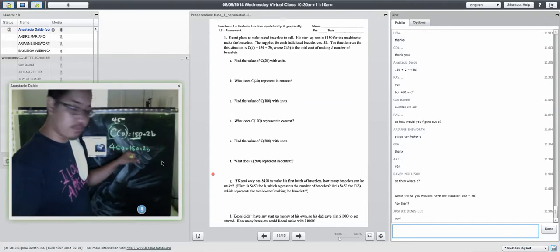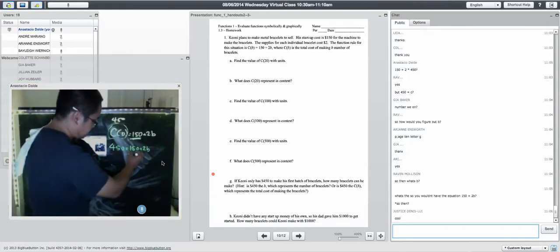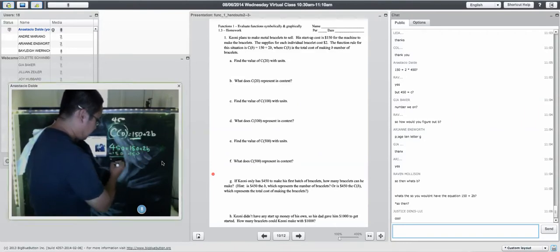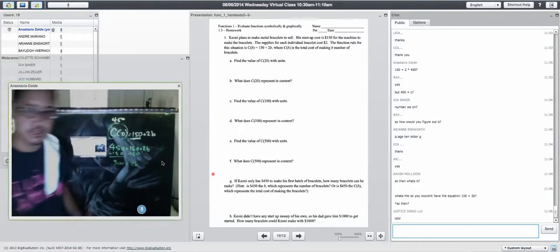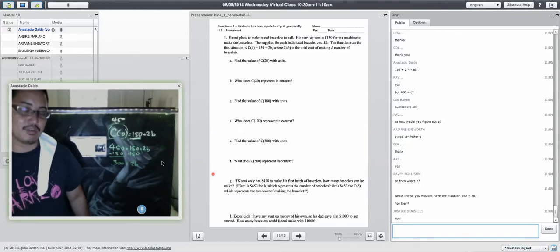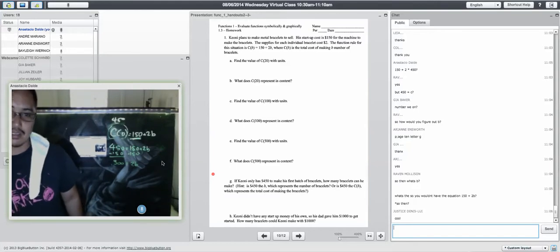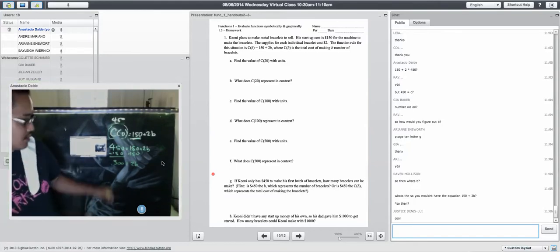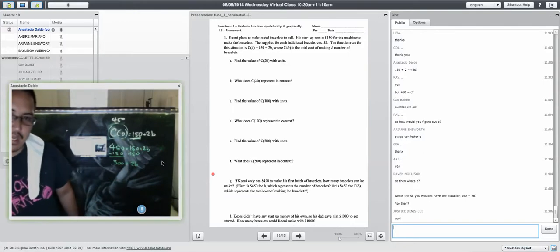You subtract 150 from both sides. You end up getting 300 equals 2b. Arian actually was thinking about this, and she didn't even think that she was thinking about this. 300 equals 2b. Got it?